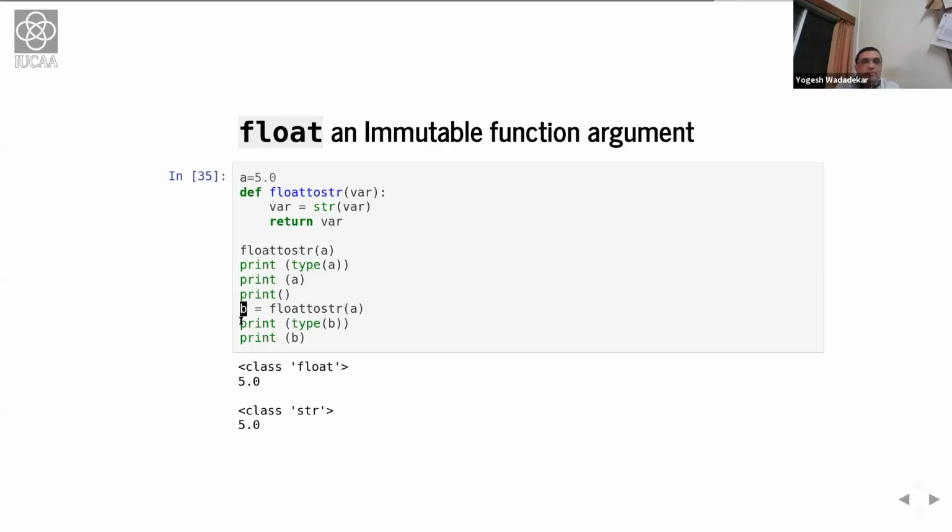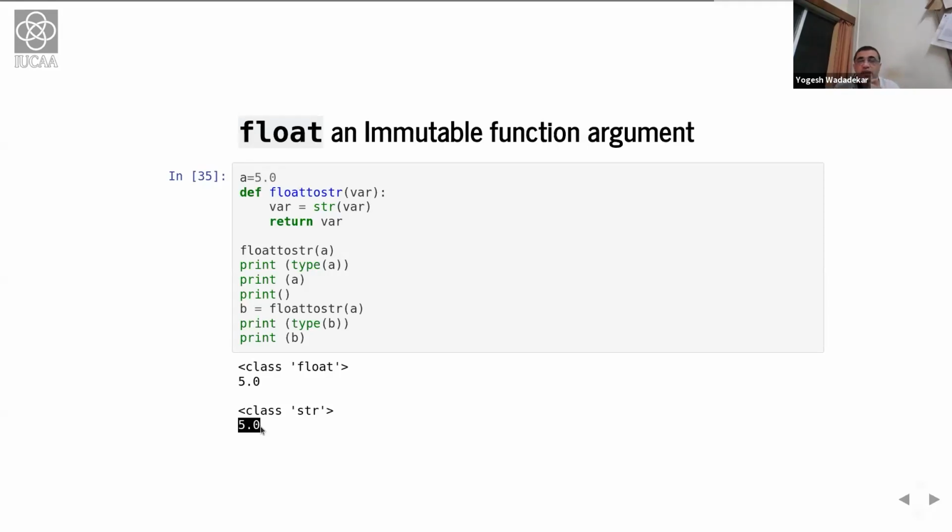And now if I print the type of b, this is now a string. If I print b, it again prints 5.0, but remember this b is now a string. Of course, whether you print a float number or a string, it just prints it the same way. It doesn't quote it or anything. But this object is a string. b is a string, whereas a remains a float.